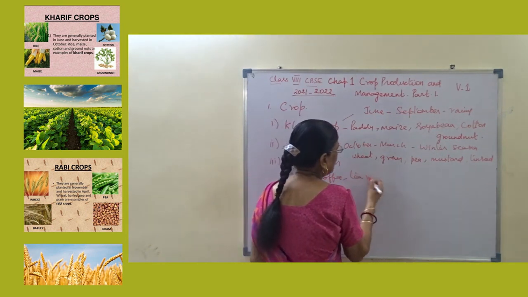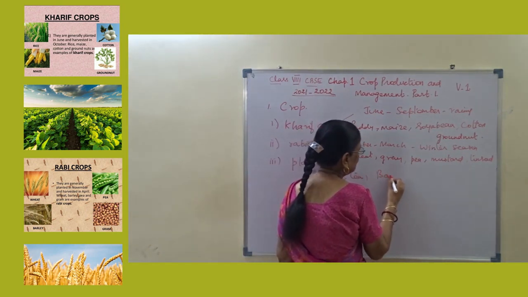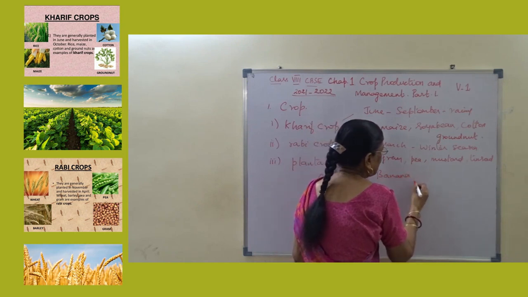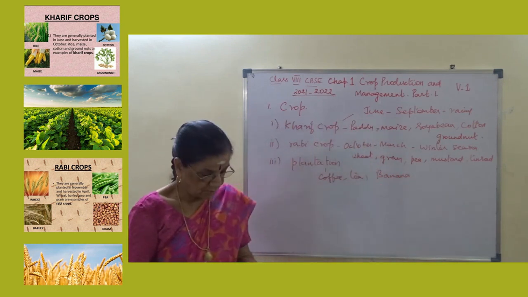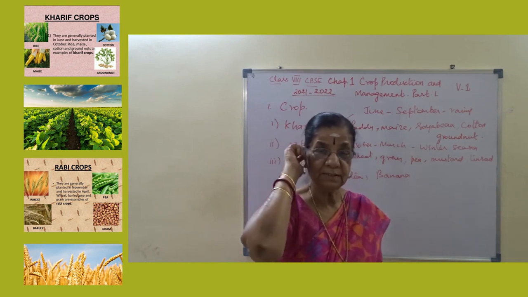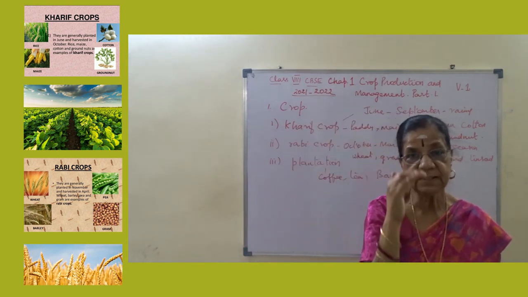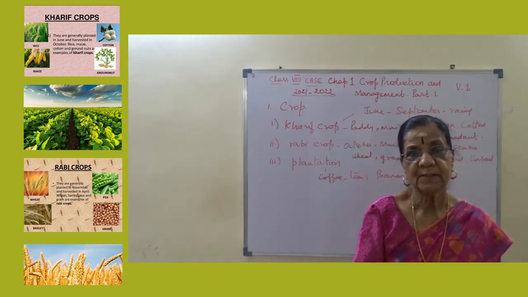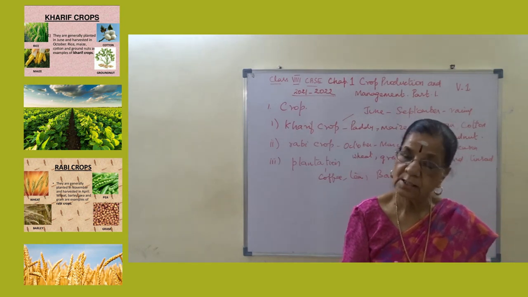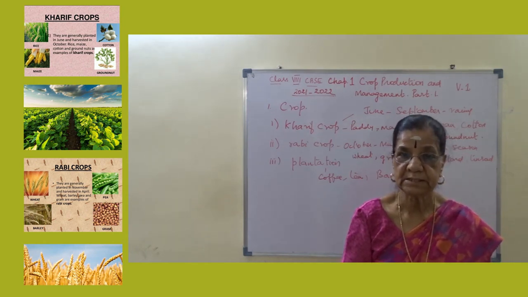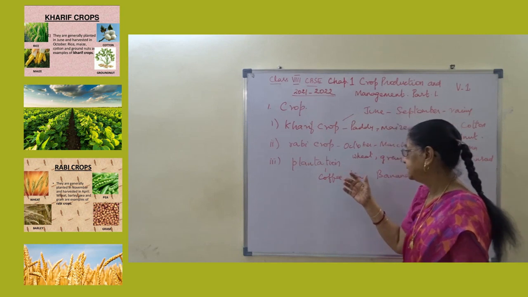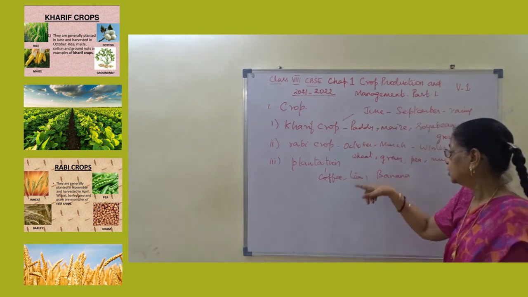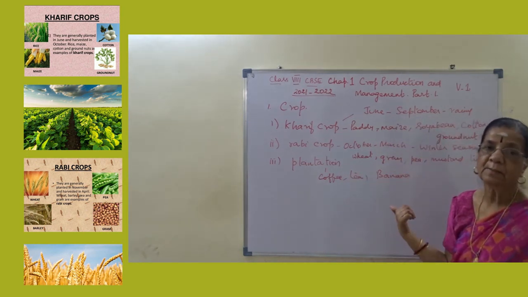Banana also we call a plantation. On the way from Tirunelveli to Tiruchendur there are many banana plantations, aren't there? They are all banana plantations. So in plantation we come across coffee, tea and banana.